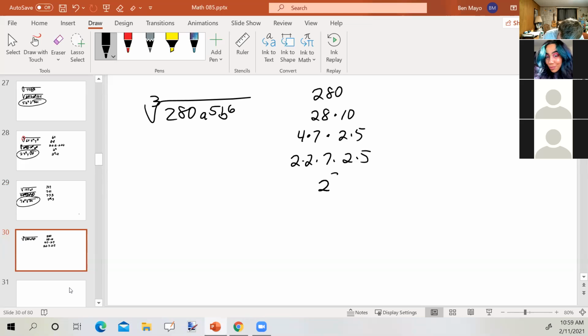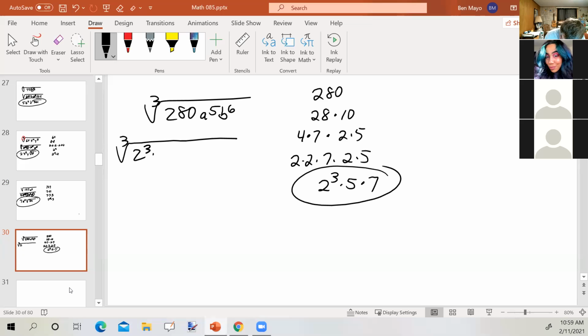So breaking it down into prime factors, I get that. Now, my index is a 3, so I've got 2 to the 3rd. That's good. So I've got the cube root of 2 to the 3rd power times 5 times 7.